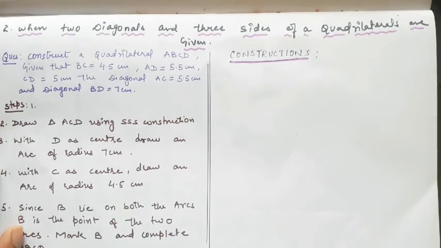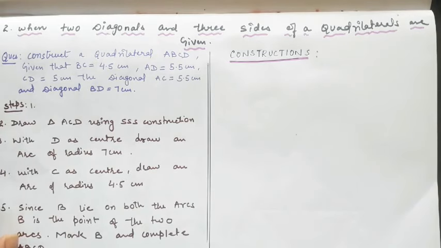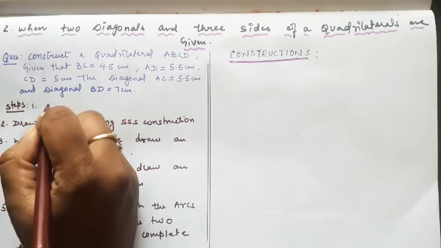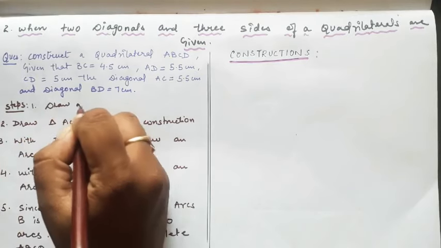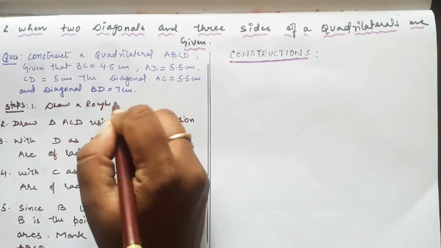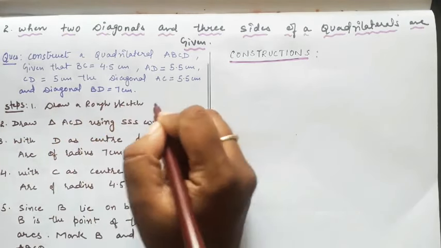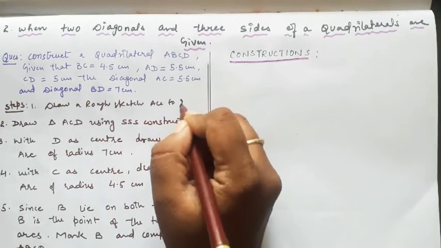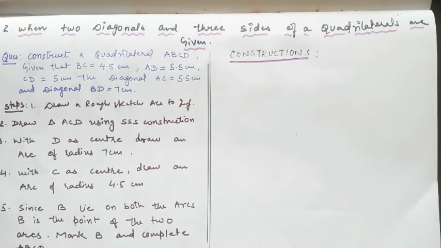So step number 1 is the same for all, that you have to draw a rough sketch according to the information, or according to the given measurements which are already given to you.